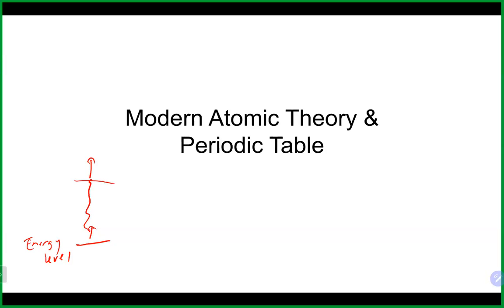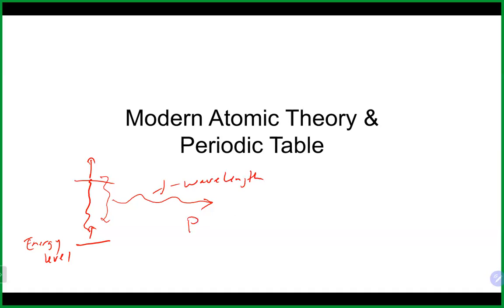So when things go to a higher state of energy, they don't want to be that way. They want to bring the overall energy back down. So what will typically happen is the electron will work its way back down to a lower state of energy. The result of that is, because there's conservation of energy, the atom will have to give off that energy in the form of light or a wave. And that is the wavelength.